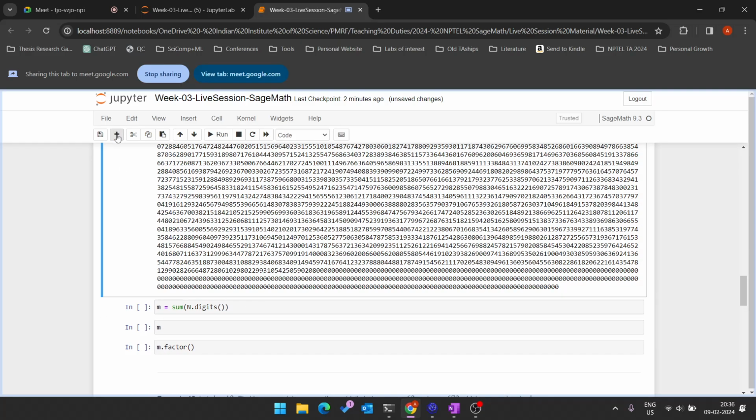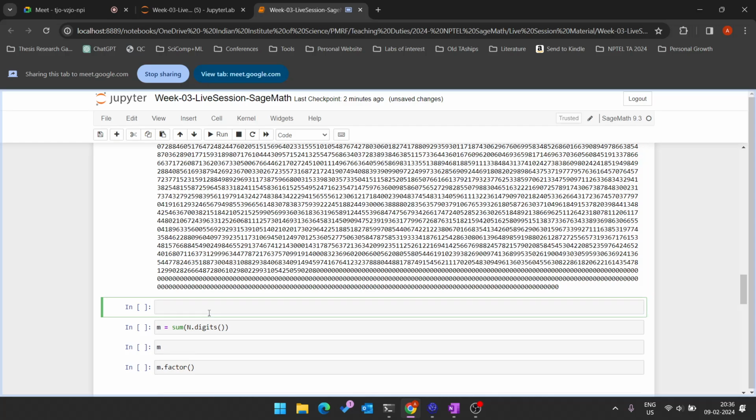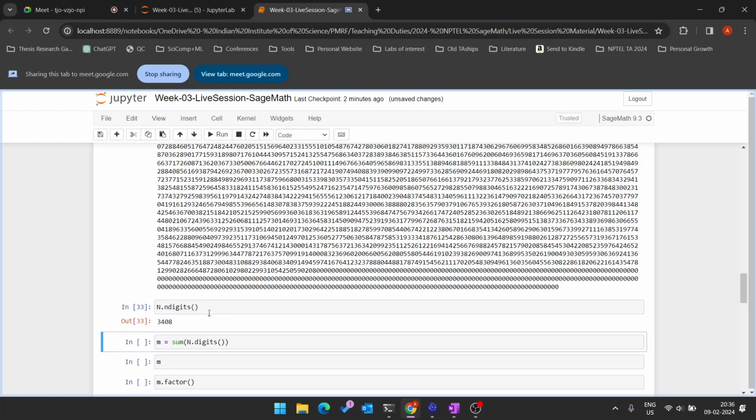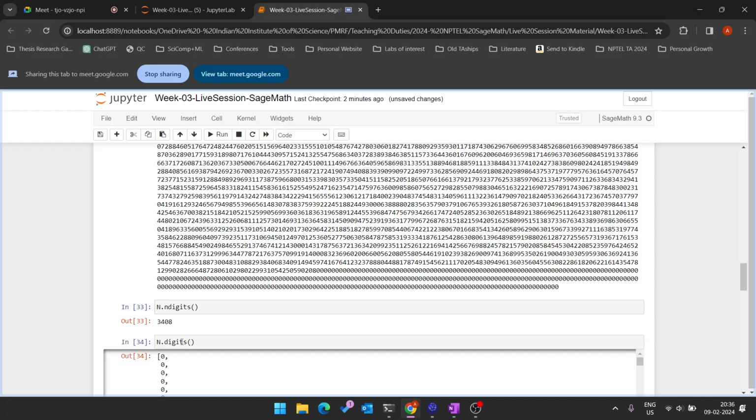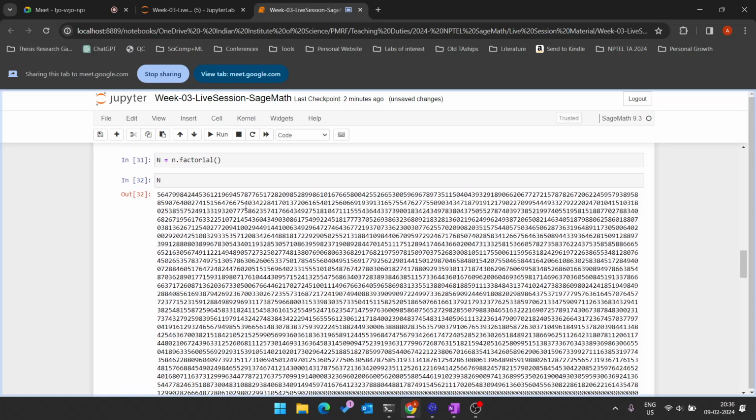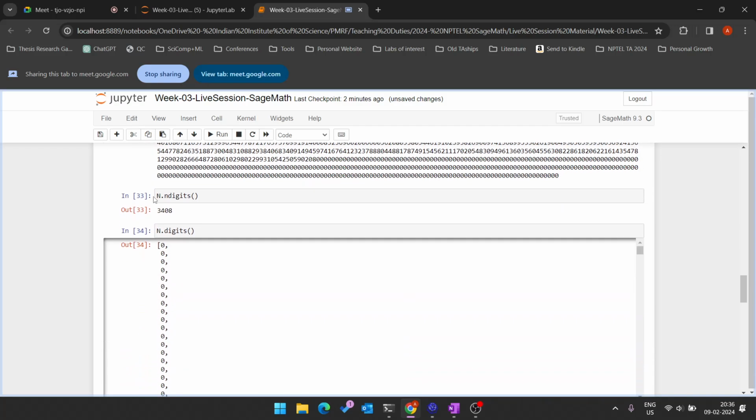And if I just take, say, the number of digits, right? So how do we do that? N dot n digits, if you remember. There are 3,408 digits in this factorial. So it's a very, very big number. And if I take all the digits of this factorial, that is nothing but n dot digits. This will give me all the digits starting from the units place, ending up to the highest order.